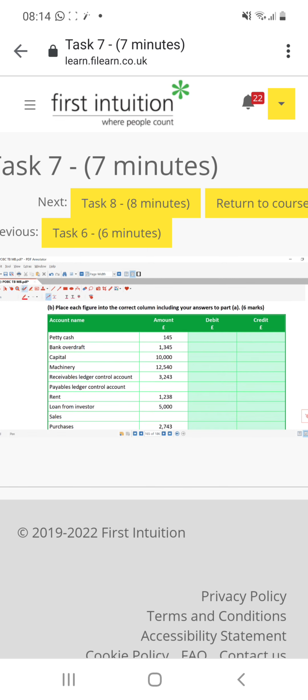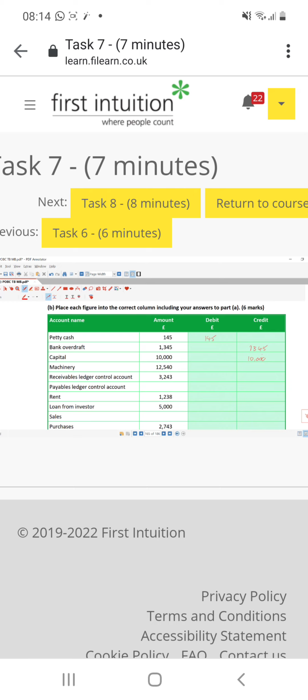So will be 145. And bank overdraft, so that's a liability, so it'll be on the credit side. So it'll be 1345. Capital is always part of the double entry itself, will always be on the credit side, so that 10,000 will be just here.